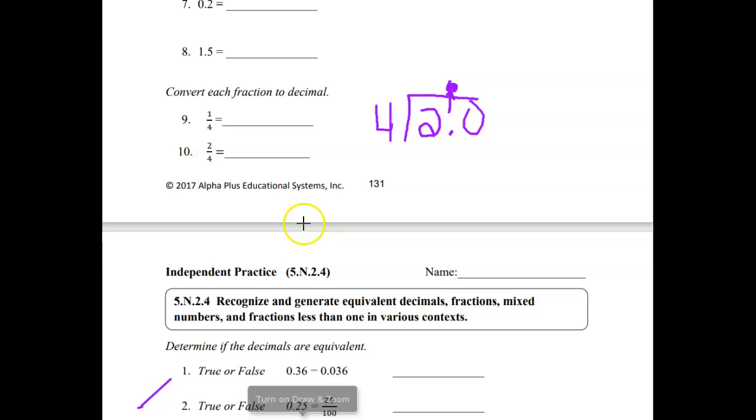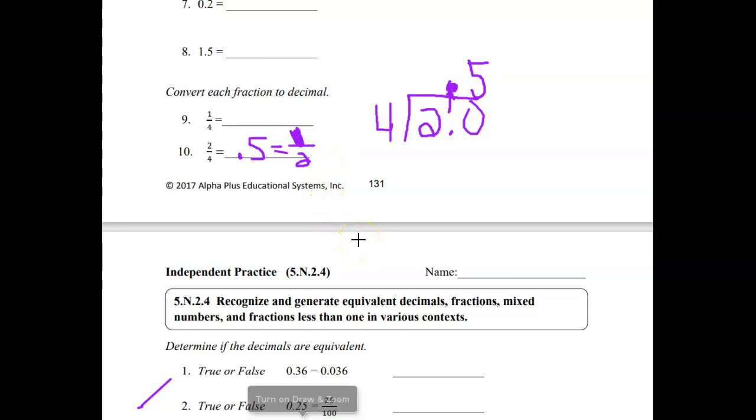We just did it. Do you remember? 4 times what is 20? 5. So 2/4 is the same as 5/10, which is the same as 1/2.